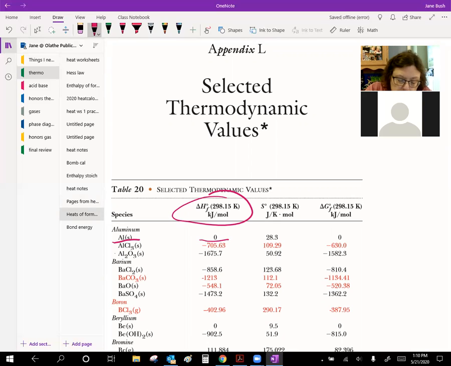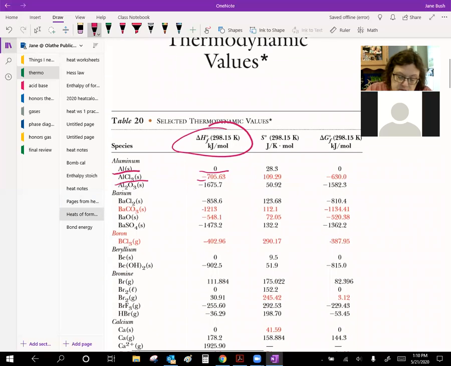But if we form aluminum chloride, we are going to produce 705 kilojoules of energy. It's negative, so it's going to give off the energy. And here, let's find a positive one.